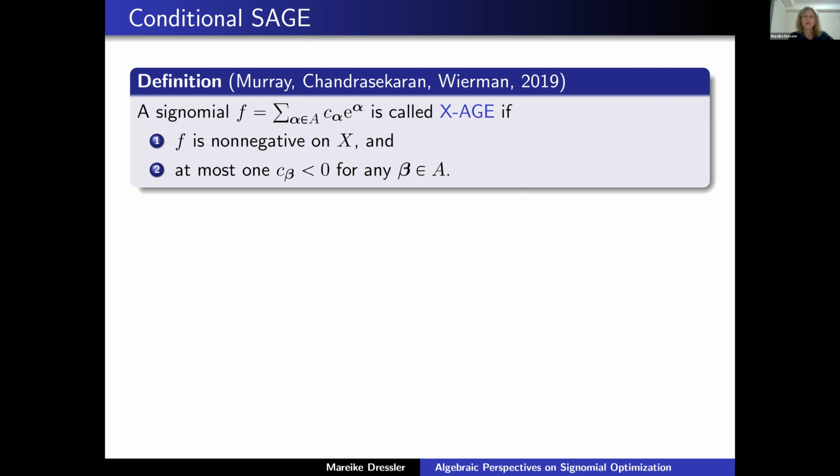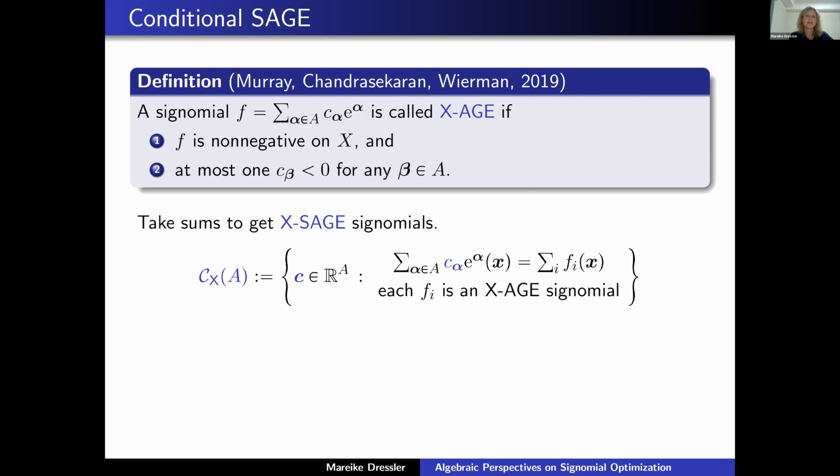Like previously, we can now take sums of these guys to get X-Sage Signomials, and again, these form a convex cone supported on a specific set A, which we denote as C_X(A). In more detail, this cone contains those coefficient vectors which correspond to such X-Sage Signomials, that means Signomials that can be written as a sum of X-H Signomials.